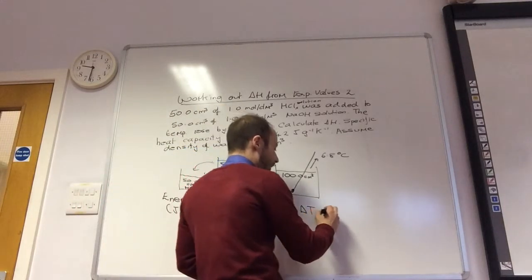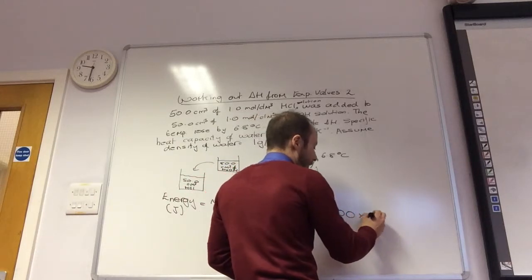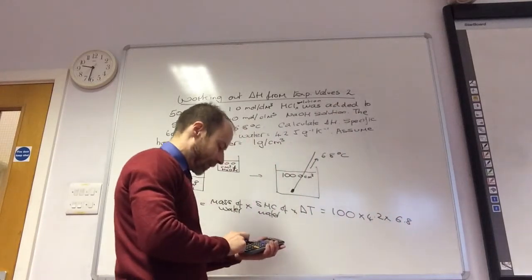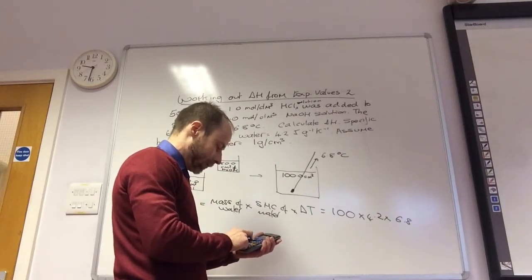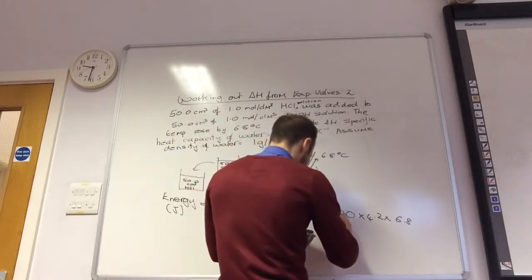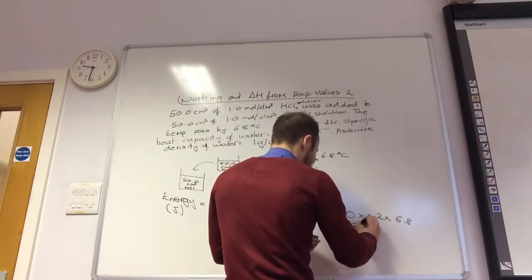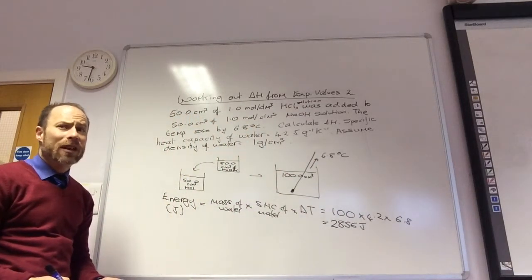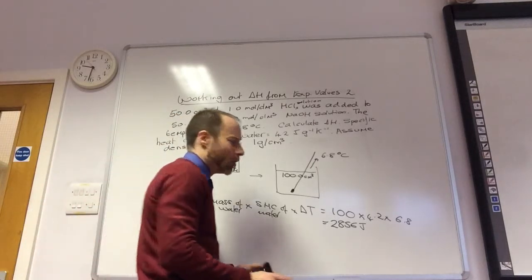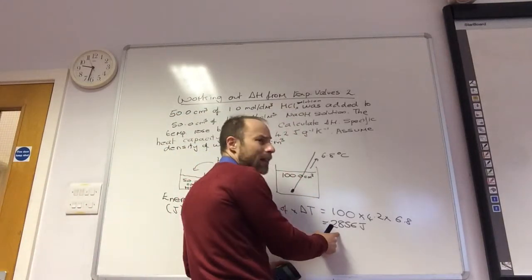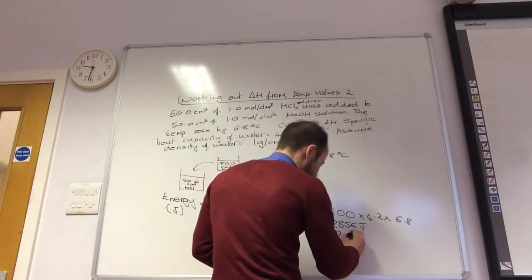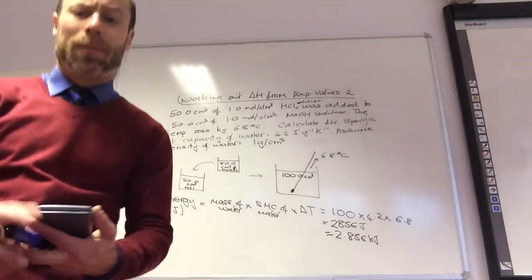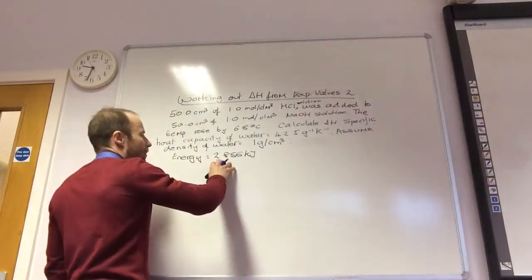That comes to 100 times 4.2 times 6.8, and that equals 2,856 joules. How do I measure enthalpy? I always measure enthalpy in kilojoules. So how can I convert it into kilojoules? So it's 2.856 kilojoules. So that's the first step. I've calculated the energy produced.